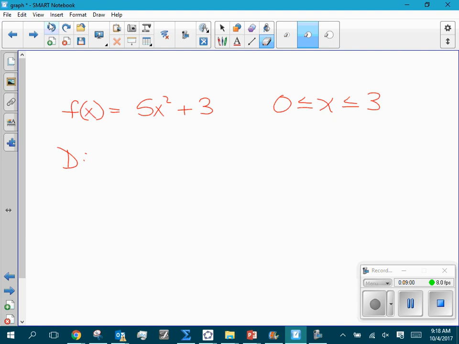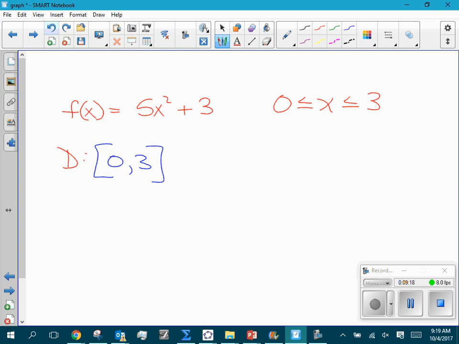They're telling me these are the only x values you can plug in. Does that make sense? Okay. So that tells me, we call it a restriction or a constraint on our domain, but that forces our domain right now to be 0 to 3. Those are the only values that we're going to plug in. Okay.